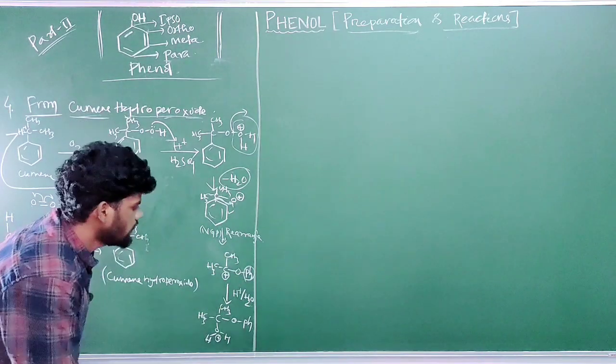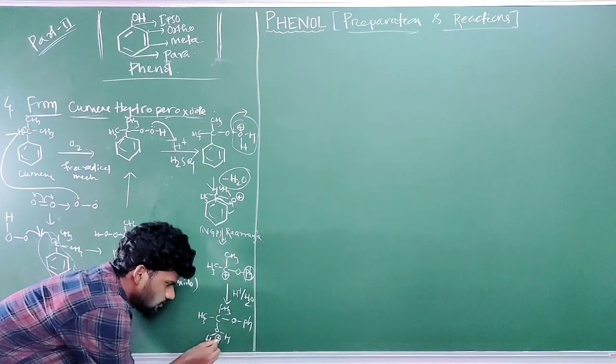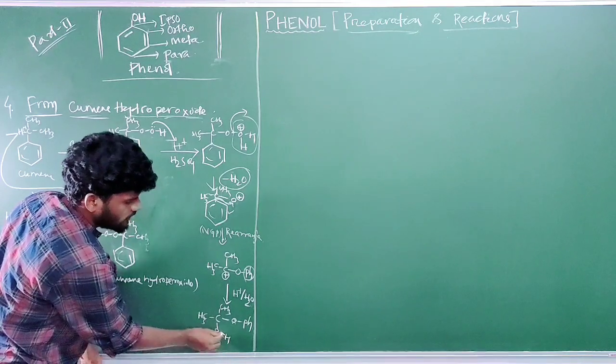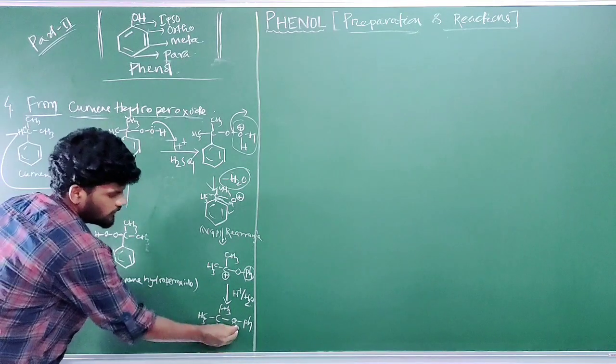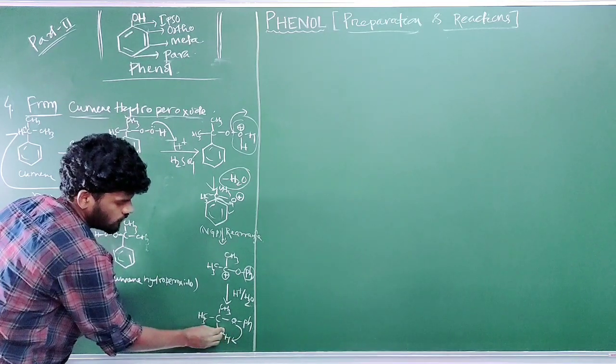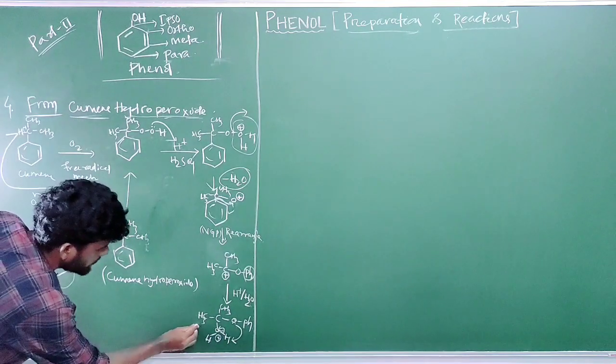So in the next step, see here, the positive charge over this oxygen is not stable, so it will drag the bond electron, the OH bond electron, towards itself. How? When this oxygen lone pair takes the hydrogen, this bond moves over to the oxygen to neutralize it. What will it form then?